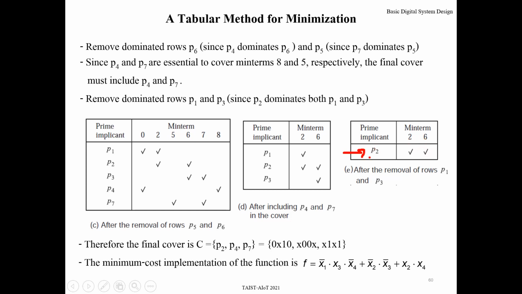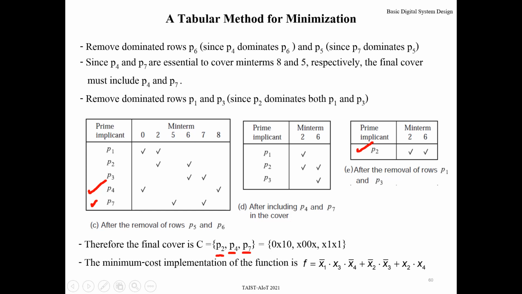Then you select this one. Okay, now after you select this one and remove this, it becomes an empty table. Then you can stop the process. So now you select this, right? And what else? This and this. So the final cover is P2, P4, and P7.